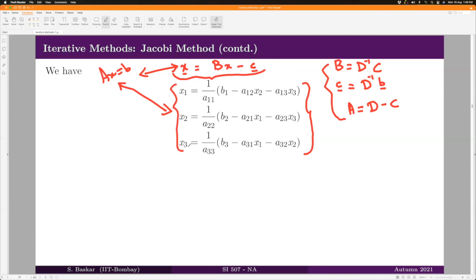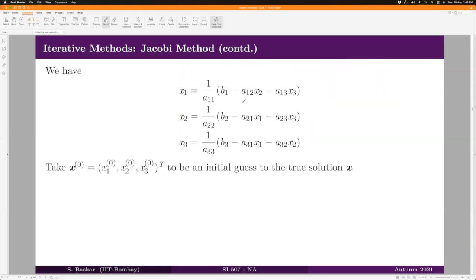We have not done anything, and this is just the same as this in the case of a 3 by 3 system. Now comes the idea: you choose any vector, remember any vector, which is called the initial guess, and plug in that vector on the right hand side of each of these equations. And thereby we are getting values for x1, x2, and x3.